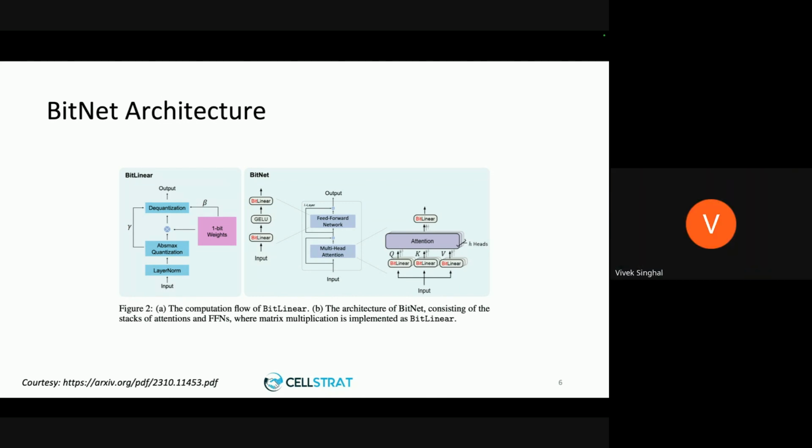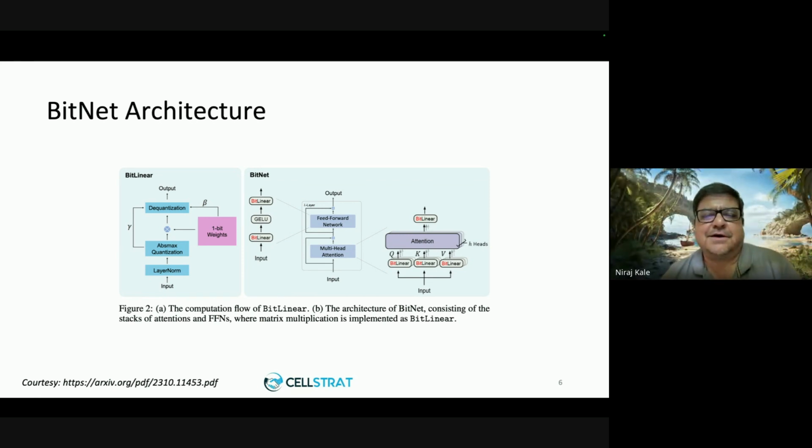So this is the new transformer layer. Instead of FP16 weights, we are using 1-bit weights, so that our computing efficiency increases rapidly. Less memory is required and less computation power is required, as the multiplication operation is totally removed.